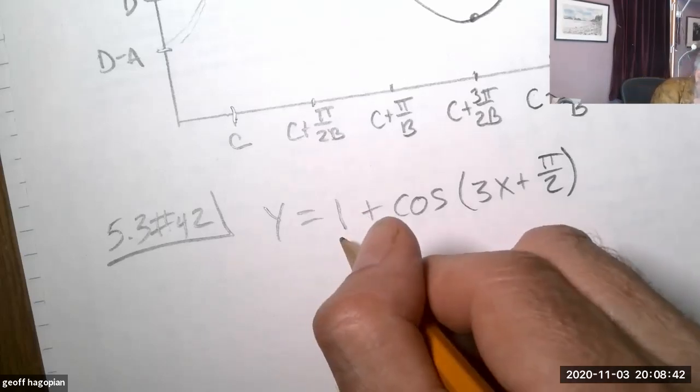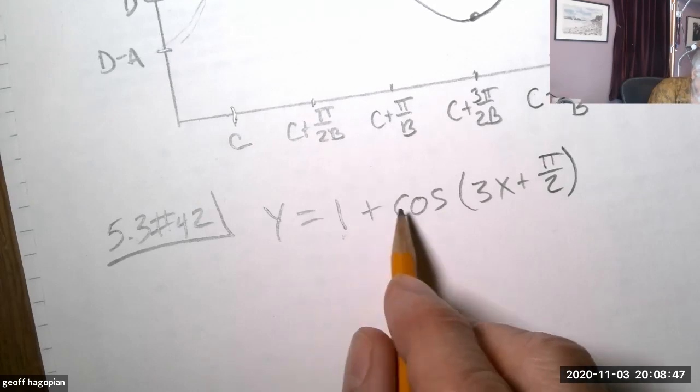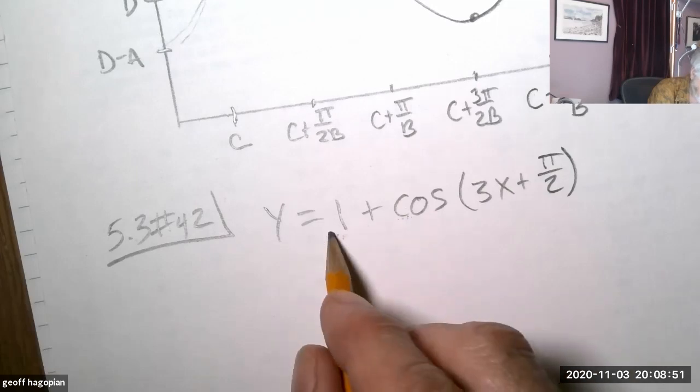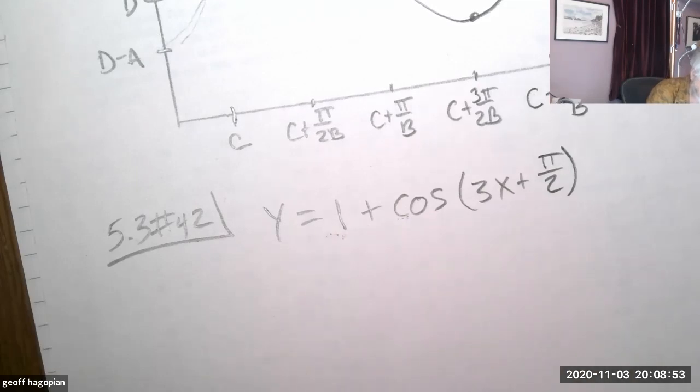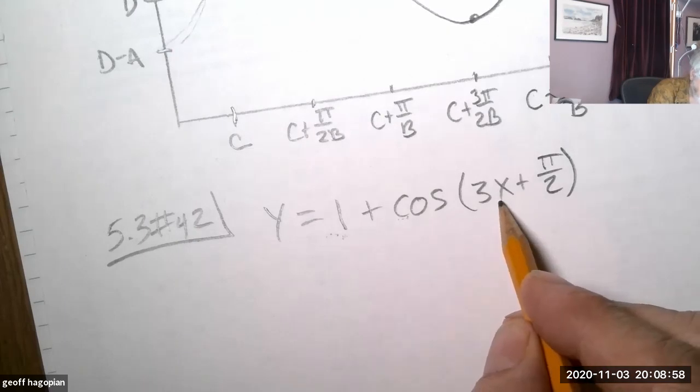So we see that we're going to oscillate between 0 and 2, right? 1 below the equilibrium will be 0, and 1 above the equilibrium will be 2. The period of oscillation is 2 pi over 3.